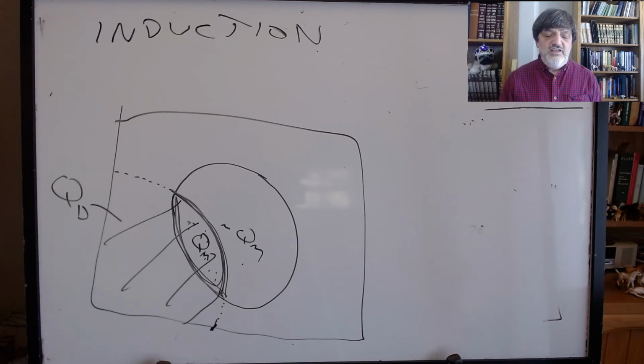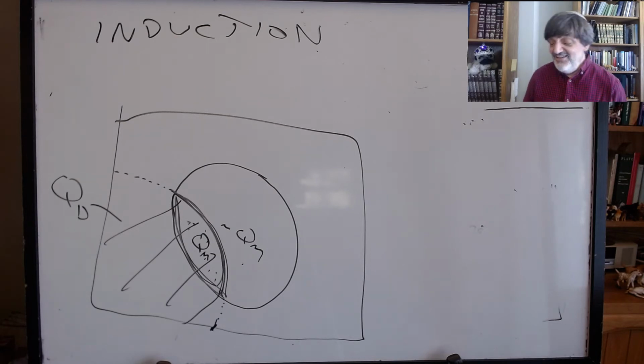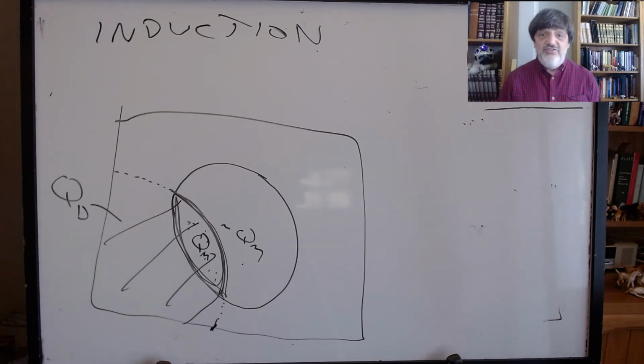Or if you want to say, well, we don't know for sure, how do we know that it's probable that in the future all pieces of copper will conduct electricity? And Goodman says, we don't know. So that's a bad question, right? It might turn out that they don't.